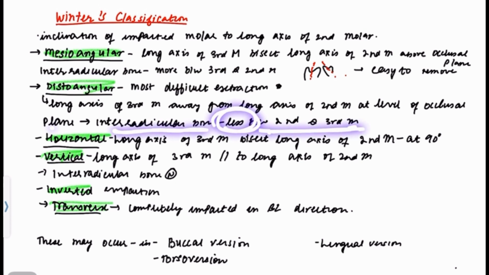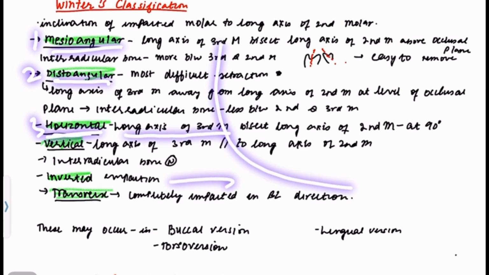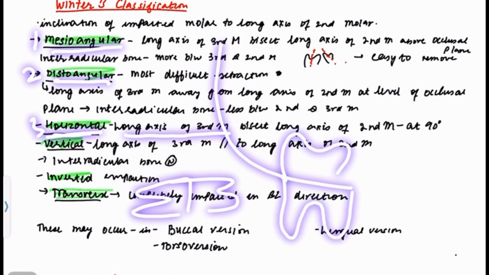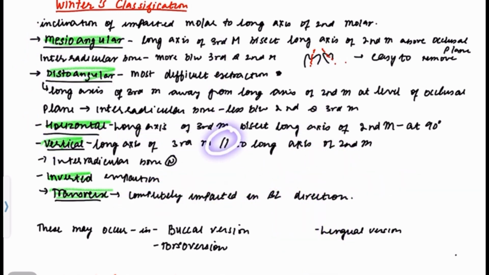So first is mesioangular, second is distoangular, third is horizontal, that is, the long axis of the third molar is at 90 degrees to the long axis of the second molar. Whereas in vertical, the long axis of the third molar will be parallel to the long axis of the second molar.